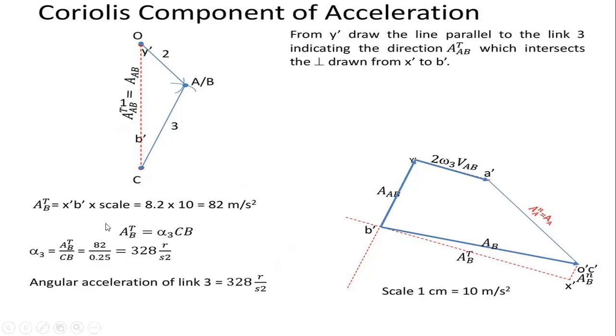The tangential acceleration of B is 82 meters per second square, so it is 82 by 0.25, as the length of CB is 250 mm, that is 0.25 meters.